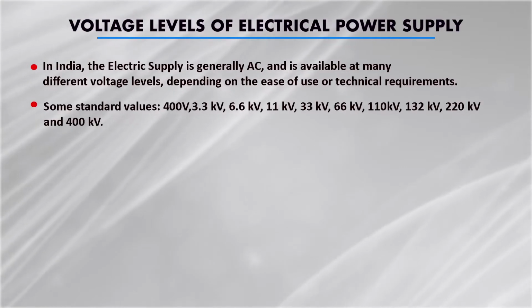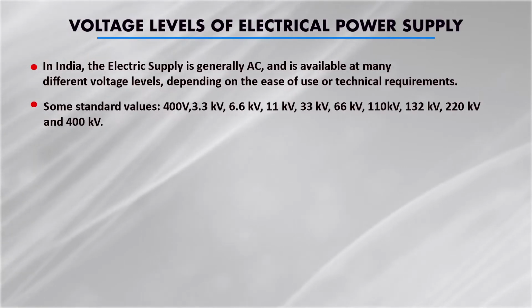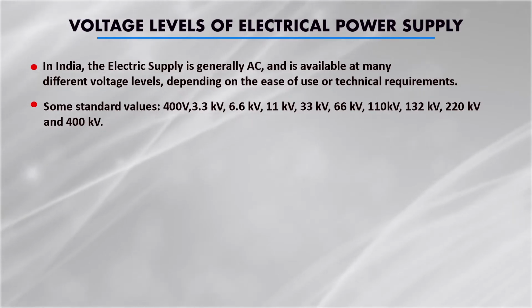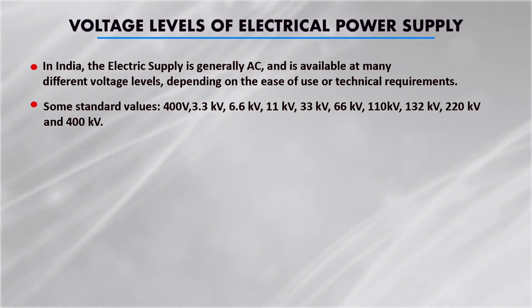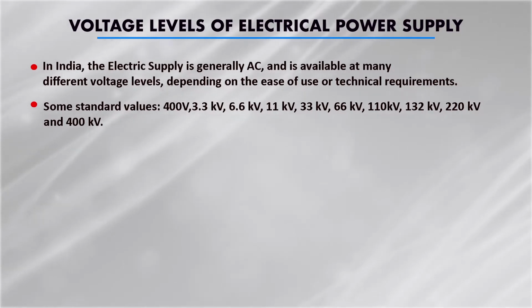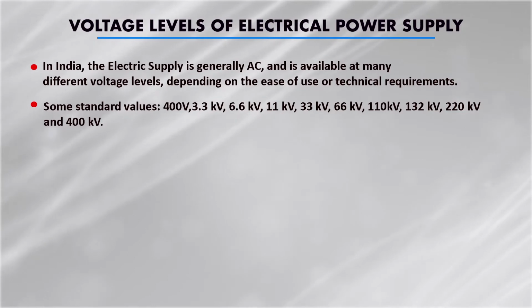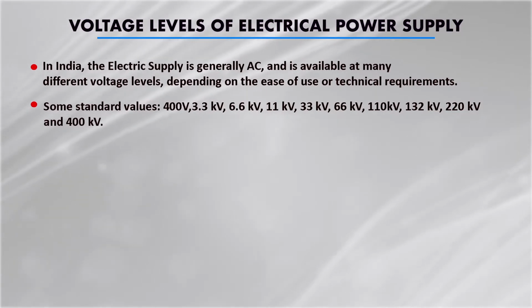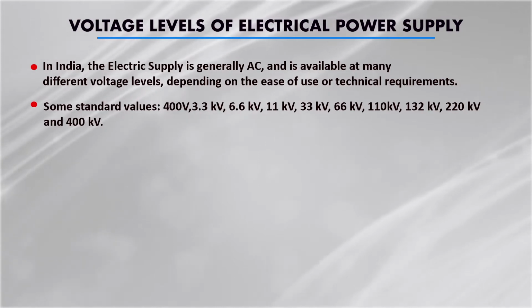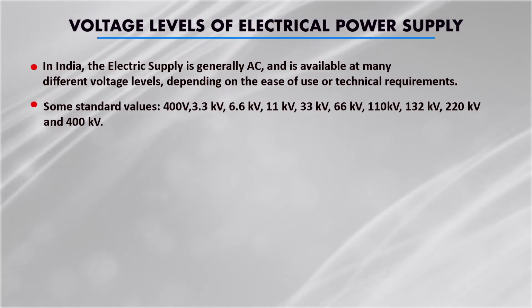Now I am going to discuss the various voltage levels. Generally these are the standard values: 400 volt, 3.3 kilovolt, 6.6 kilovolt, 11 kilovolt, 33 kilovolt, 66 kilovolt, 110 kilovolt, 132 kilovolt, 220 kilovolt, 400 kilovolt.